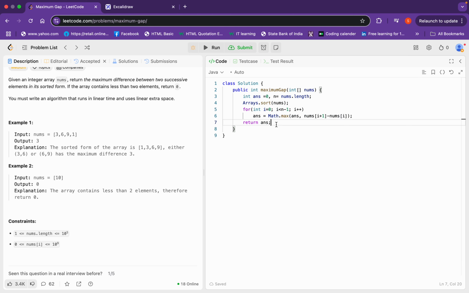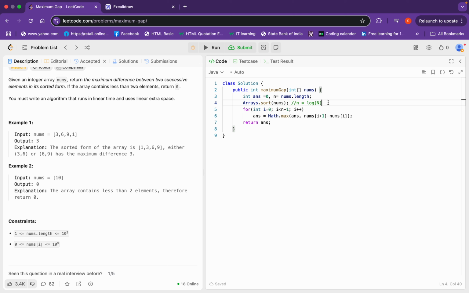That's basic. Now this algorithm would take O(n log n), because the sorting part takes n log n complexity. So how can we make this O(n)?